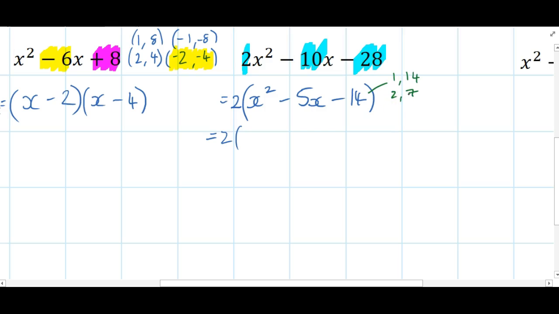Because one of those has to be negative, negative 1 and 14 is going to be 13, and 1 and negative 14 is going to be negative 13. Neither of those are correct. But 2 and 7, how do we get negative 5 out of 2 and 7? If I make the 2 negative and add them together, I'll get positive 5. But if I make the 7 negative and add them together, I'll get negative 5, which is what I want. So this is my factor pair.